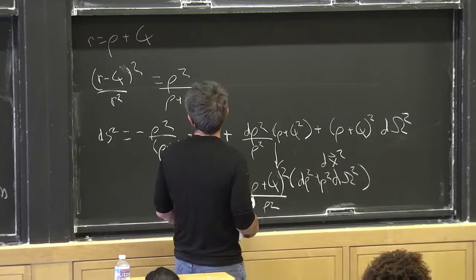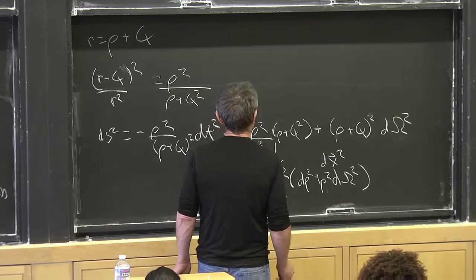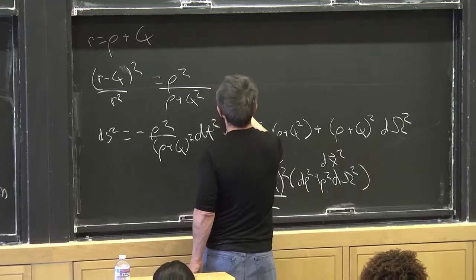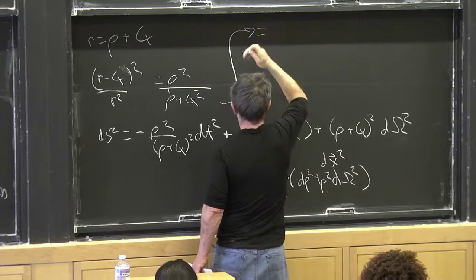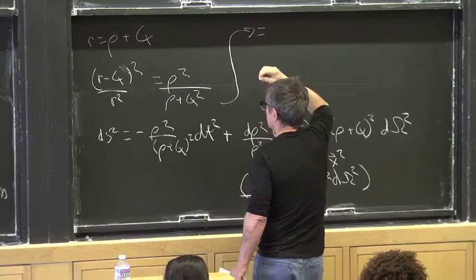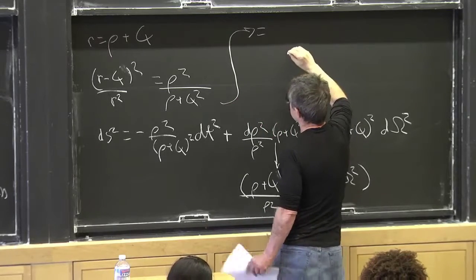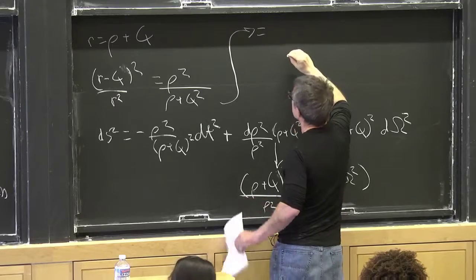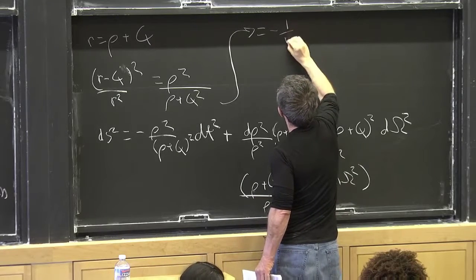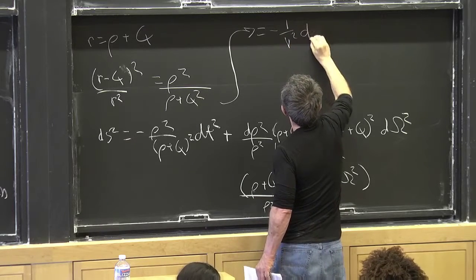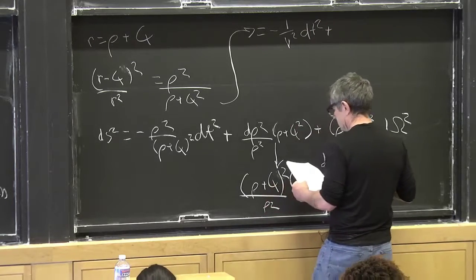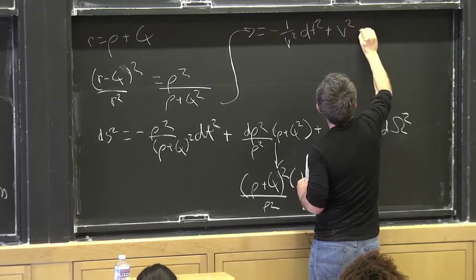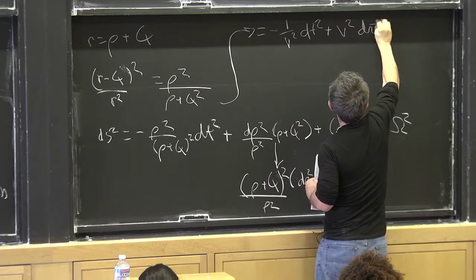And so this whole thing now becomes equal to minus 1 over v squared dt squared plus v squared dx squared.